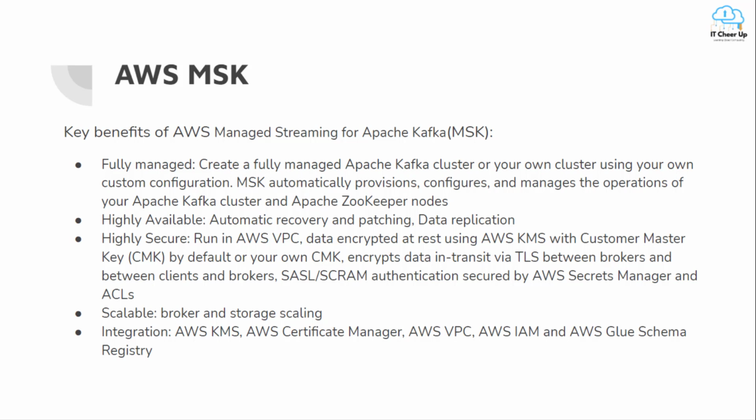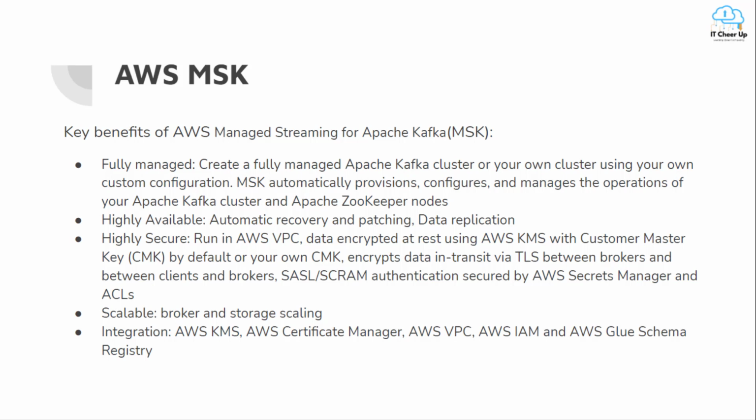From the security standpoint, it runs in the AWS VPC, and data is encrypted at rest using AWS KMS with the custom master key CMK by default, or using your own CMK. It encrypts data in transit via TLS between the brokers and between the clients and the brokers.